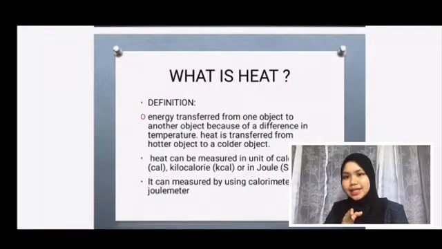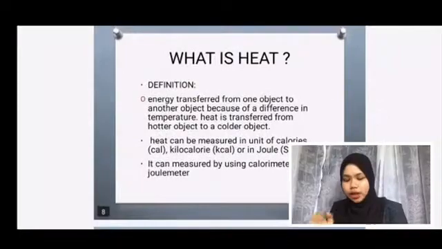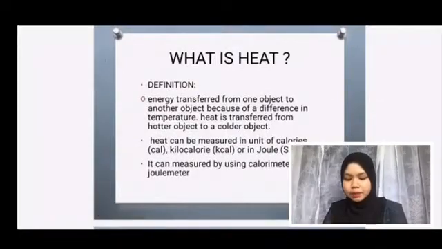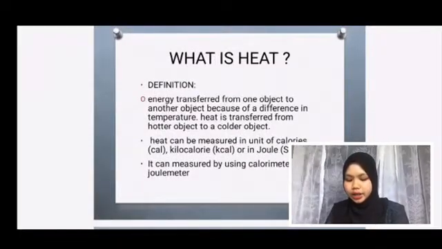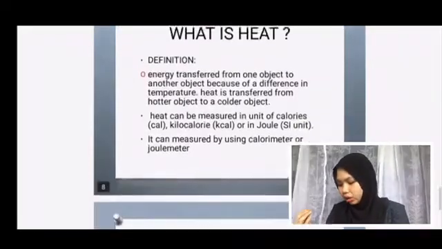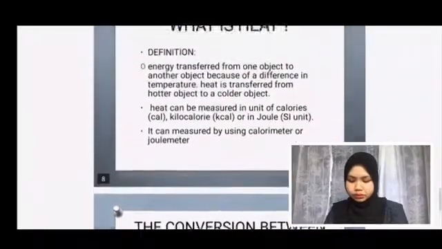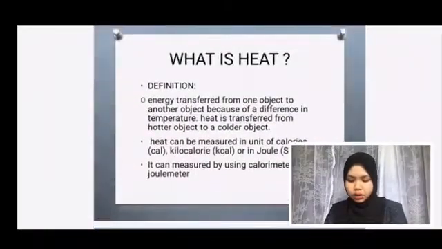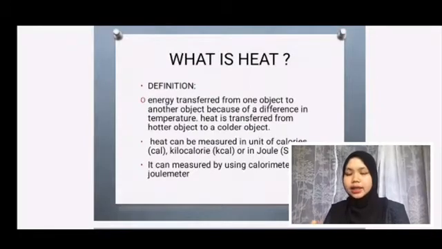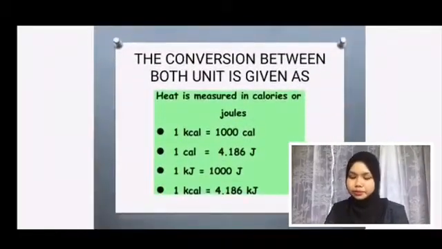So heat actually moves from the hot to the cool object. Heat can be measured in units of calorie, kilocalorie, or the commonly used joule. Oh yeah, before I forget, heat can be measured by using a calorimeter or joule meter.